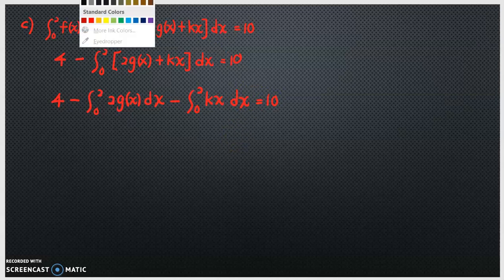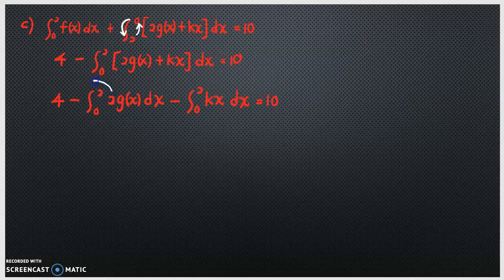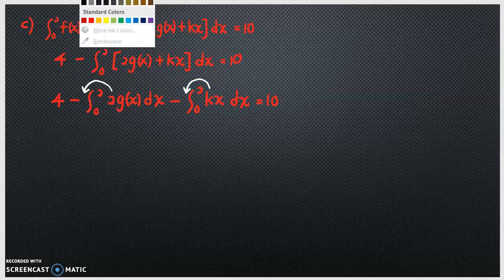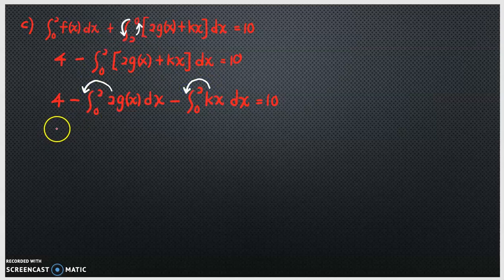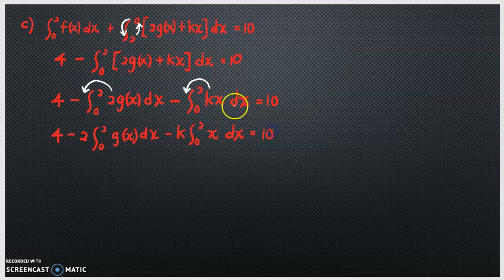So next, I can factorize the constant. So k we can factorize. So from here will become 4 minus 2 integrate from 0 to 2 g(x) with respect to x minus k integrate from 0 to 2 x dx is equals to 10.